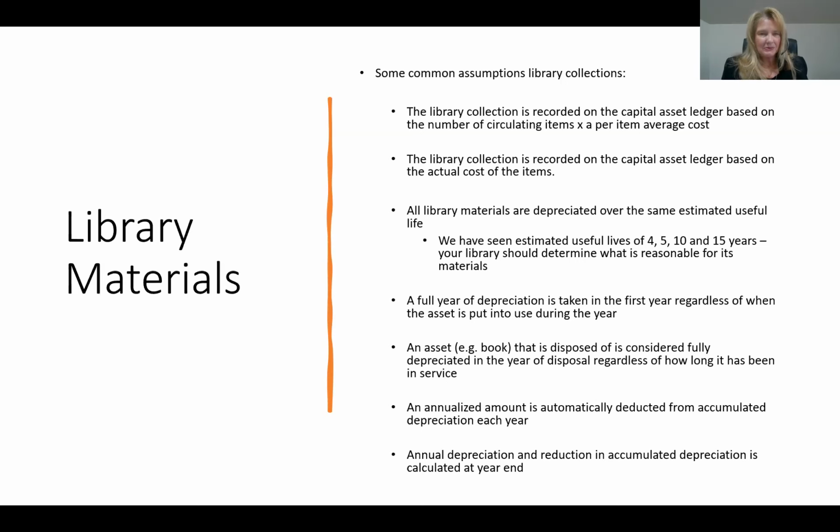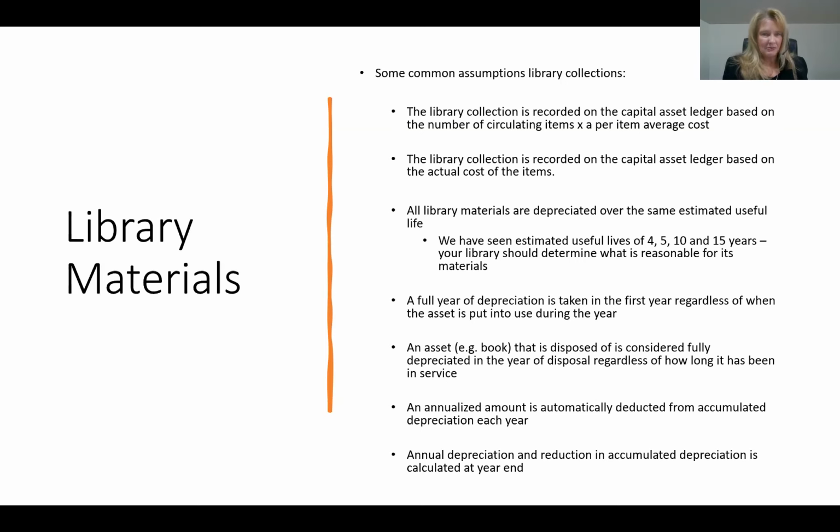But here's some examples. One, the library collection is recorded on the capital asset ledger based on the number of circulating items that you have times a per item average cost. That's an okay assumption as long as you're documenting where or how you determined that per unit average cost. The library collection is recorded on the capital asset ledger based on the actual cost of the items.